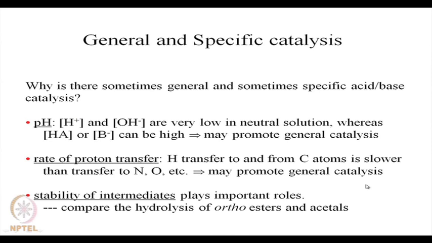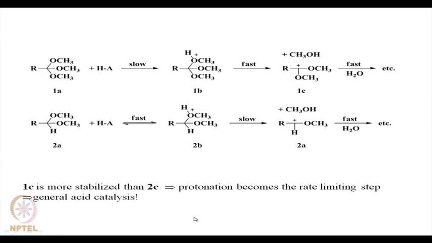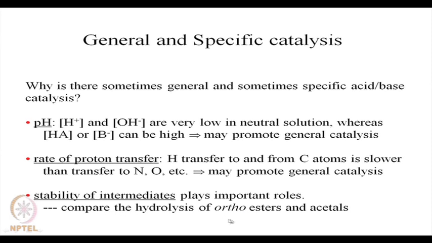The stability of intermediates plays important roles, as for example, compare hydrolysis of orthoesters and acetals. This is the example, where you see acetal and orthoester. So, the stability of the intermediate plays a very important role.